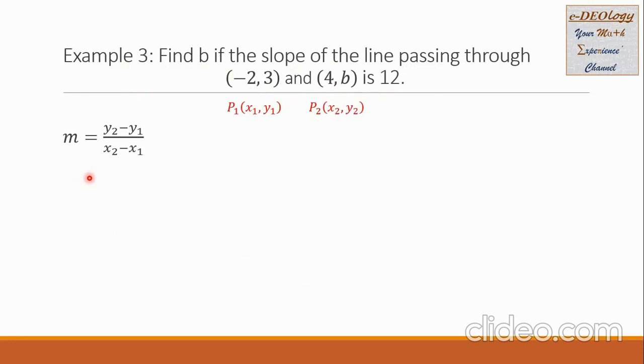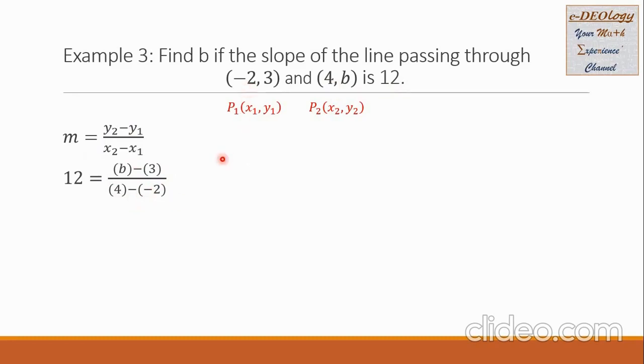Let us now substitute the corresponding values. For m, substitute the value 12 equals the y sub 2, which is b, minus y sub 1, which is positive 3, all over x sub 2, which is positive 4, then minus x sub 1, which is negative 2.